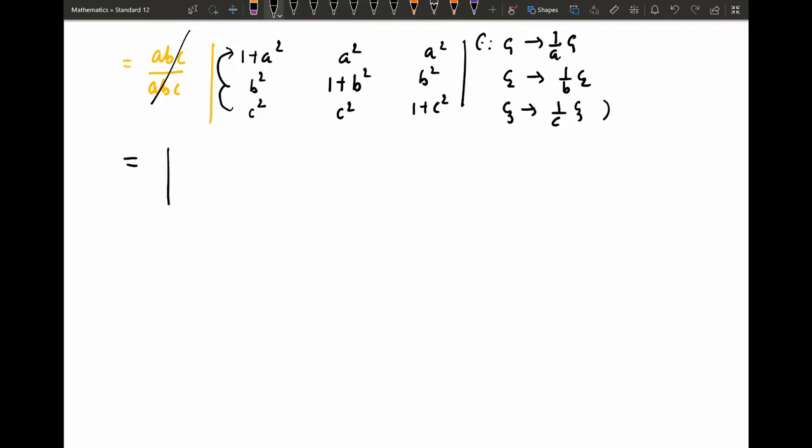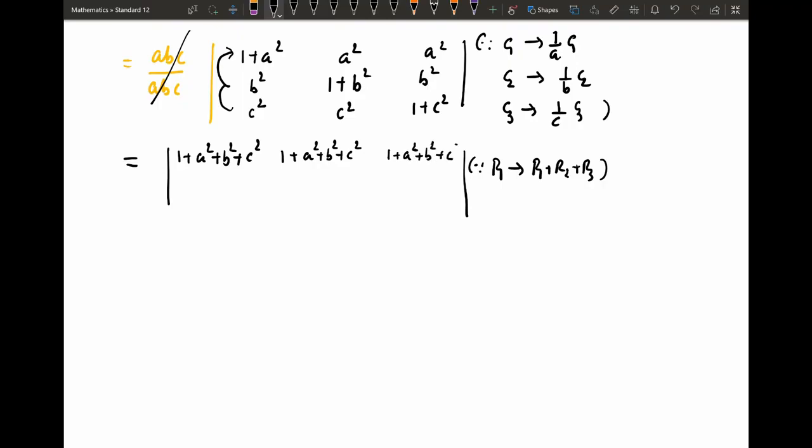So we get 1 plus a square plus b square plus c square, here also 1 plus a square plus b square plus c square, and 1 plus a square plus b square plus c square. So you can observe that due to this operation we can take 1 plus a square plus b square plus c square common from the first row.